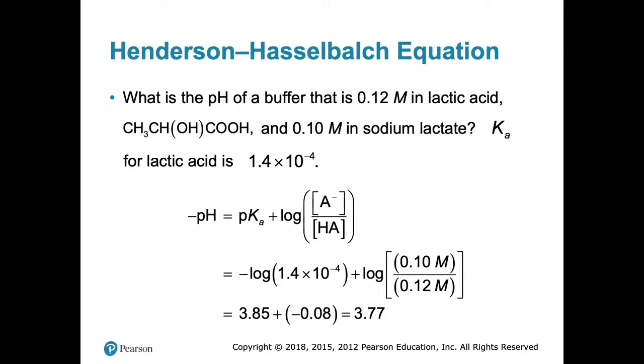Okay, HA is always going to be the unionized acid, right? So it will always be called lactic acid, okay, or some kind of acetic acid. It will always have the acid in its name, right? And then the conjugate base here, A minus, will always have an "ate" at the end because it's an ion, right?